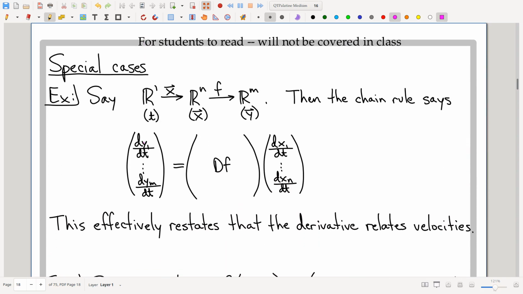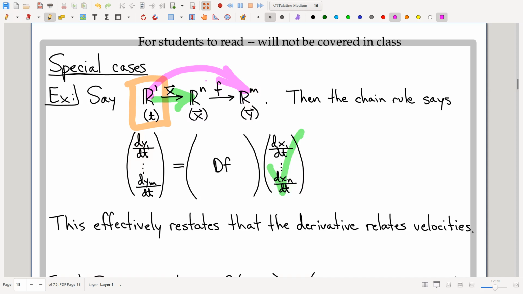Okay, a couple of quickies. These are just special cases. I think it's kind of neat to observe that if you only have one input variable, then your original function is going to give you a position as a function of one variable. That's a parametric curve, and its derivative is a velocity vector, as we've discussed previously. Furthermore, the composition gives you position in R^m as a function of a single variable.